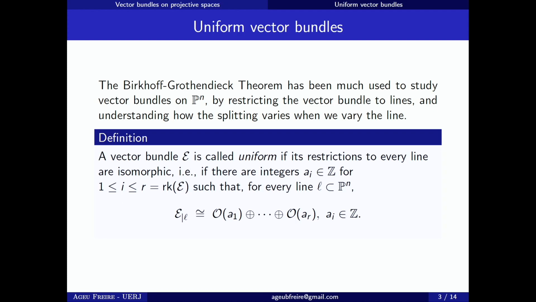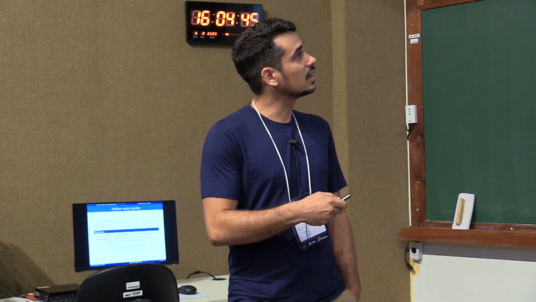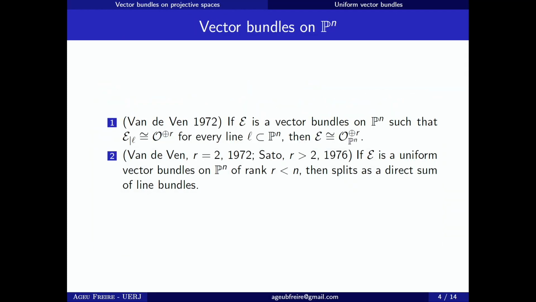A problem is that if you take a uniform vector bundle, we want to know when this uniform vector bundle splits as a direct sum of line bundles. And here I have two results. The first one, due to Van de Ven, says that if the restriction of a vector bundle to a line is trivial, then actually this vector bundle is trivial.